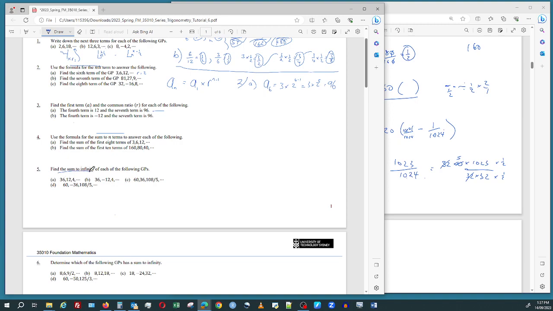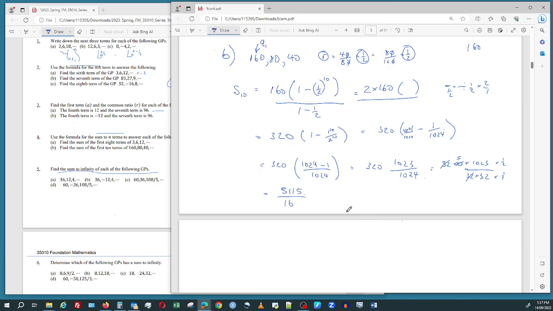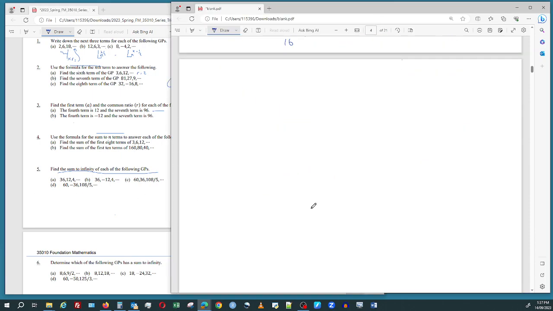Find the sum to infinity of each of the following. Okay, now there's a rule about this. So I'm going to line them up this way as 5, A, B, C, D. And we're looking for r.